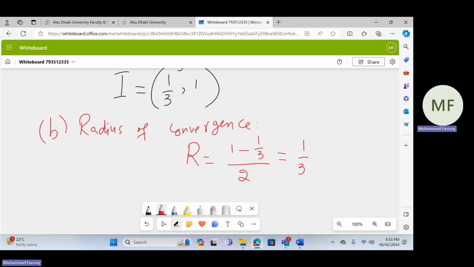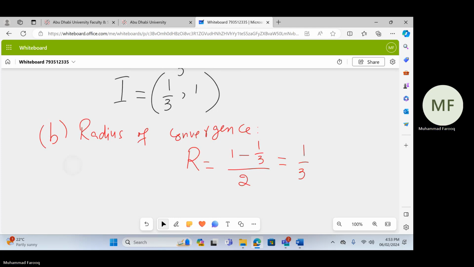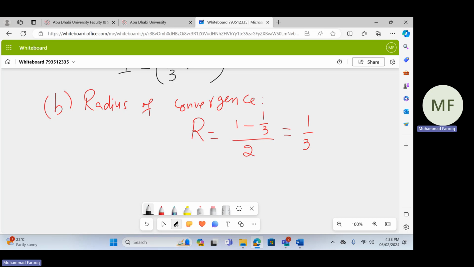Now part C. Please get focused. First of all, I write the question of part C. Before I answer it, I explain the rules first. What are they asking from you in part C?